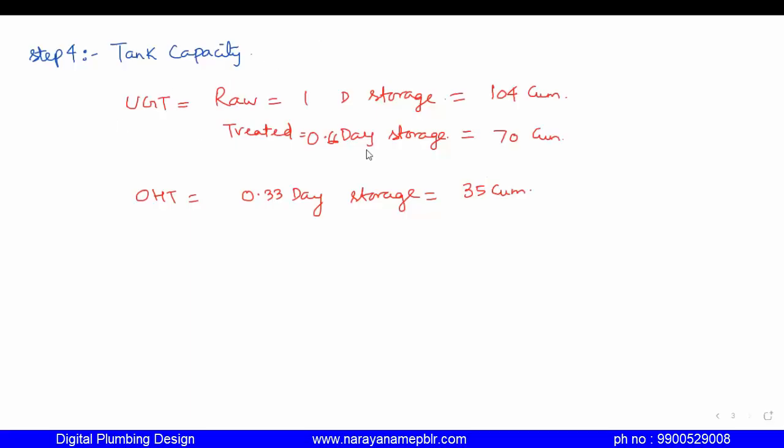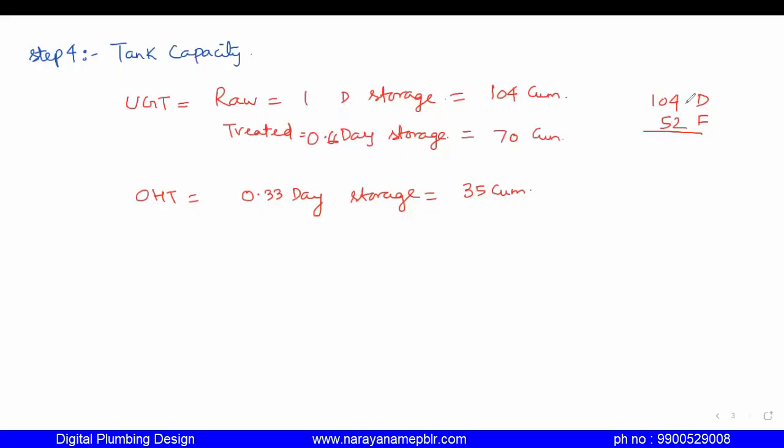So next, the total requirement we have calculated per day is how much? If we combine both domestic and flushing, how much was it coming? 104 and 52, right? This was domestic and this was flushing.